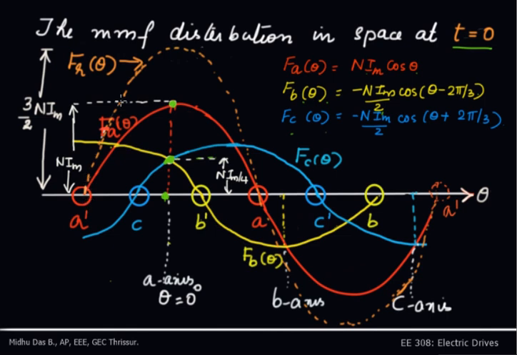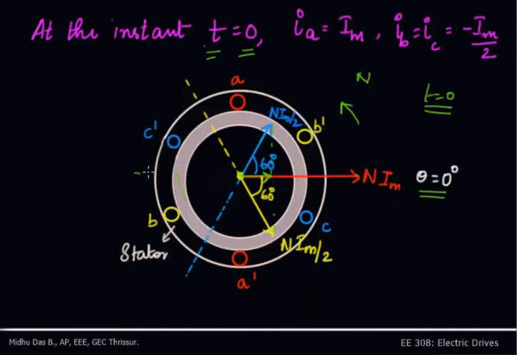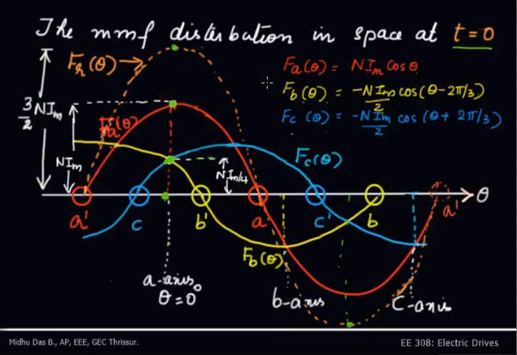And the resultant, you can see at this instant it has a maximum here and a negative peak here along this direction. What is this? This is theta equal to 180 degrees, or this direction is theta equal to 180 degrees. Okay, so this distribution is shown here.